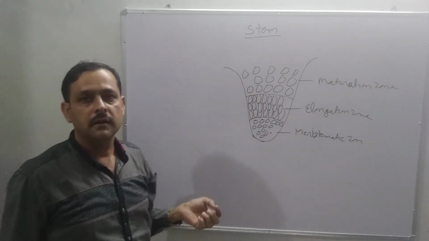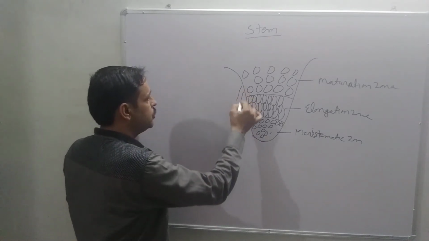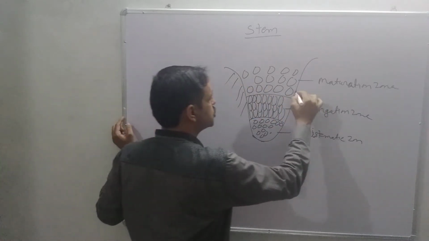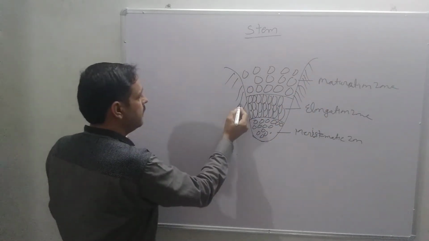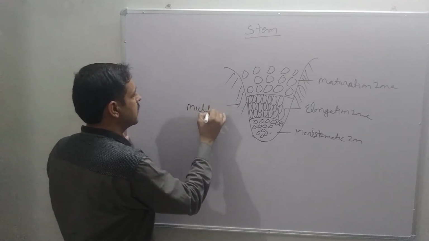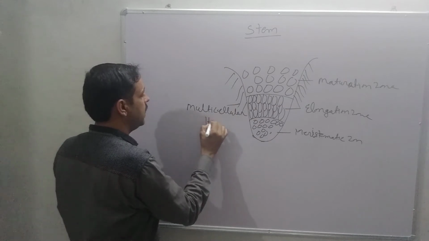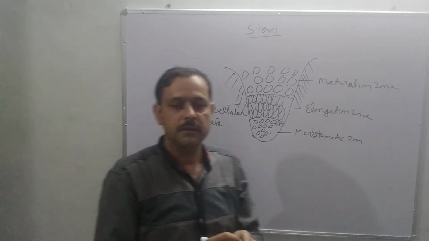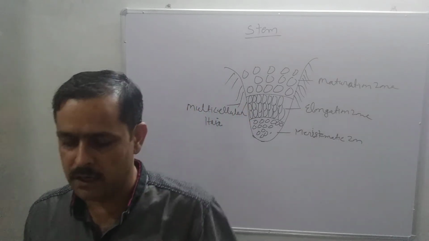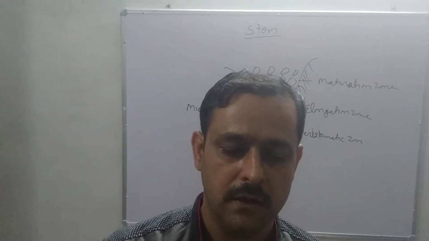And in roots we saw that unicellular root hairs are present, but in stem multicellular hairs are present.